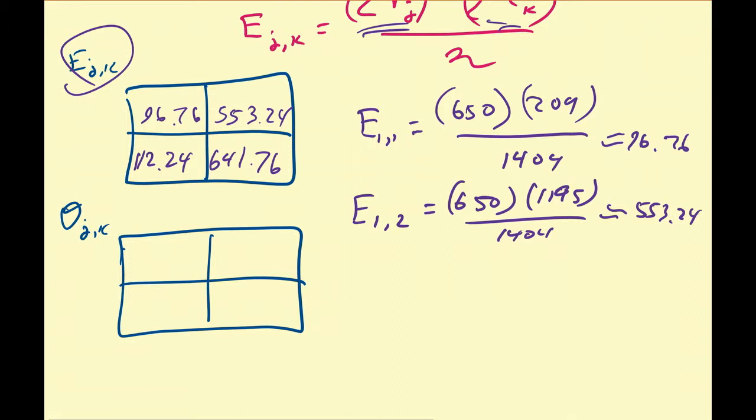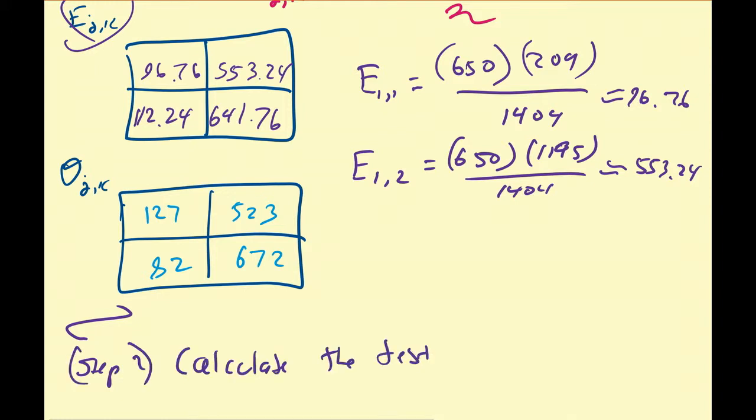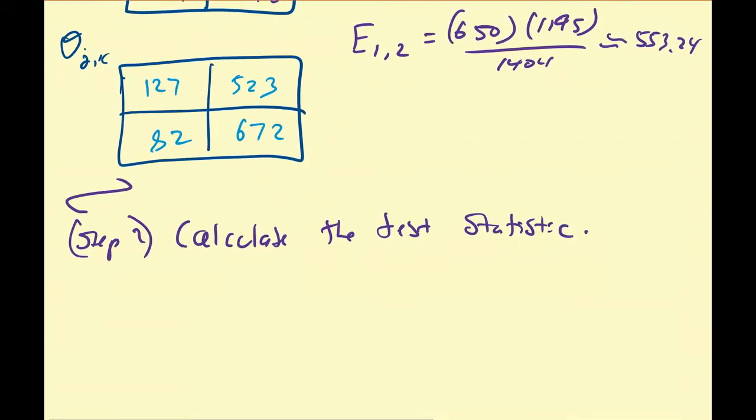Okay, great. So step 2 is the test statistic. The test statistic for a chi-square test for association is equal to the sum of the observed frequencies minus the expected frequencies, the quantity squared, divided by the expected frequencies. We add all those up, and that's our chi-square stat value.